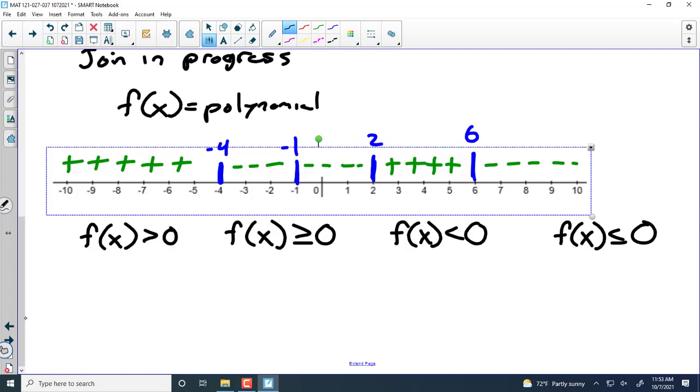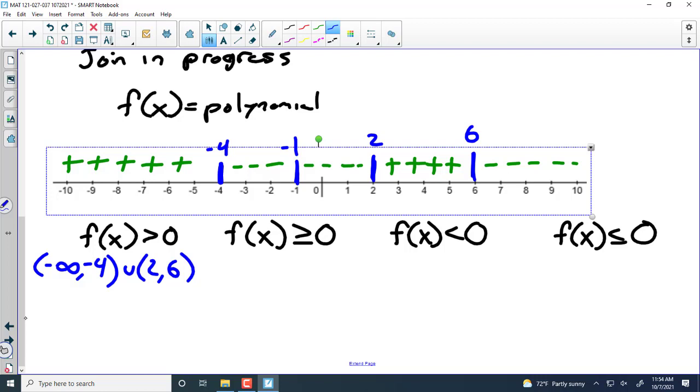Are we trying to answer where it's above? Well, if I'm trying to answer where it's above, then I would go -infinity to -4 and 2 to 6. Everyone see that? But can I answer all these other questions using that exact same number line? Yeah, I sure can, and that's the beauty of this system.